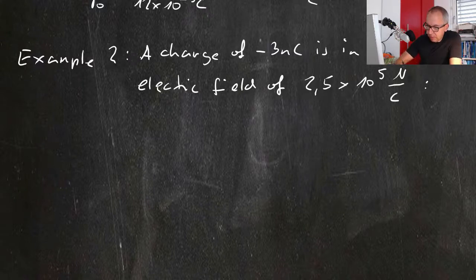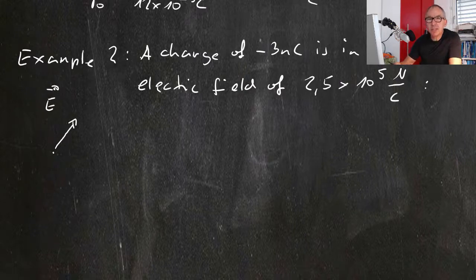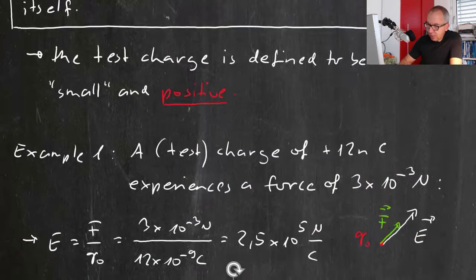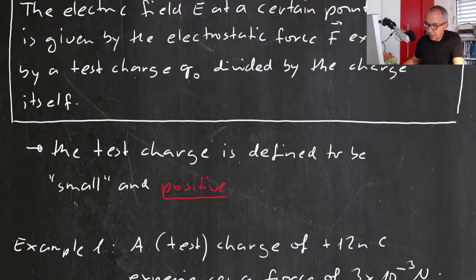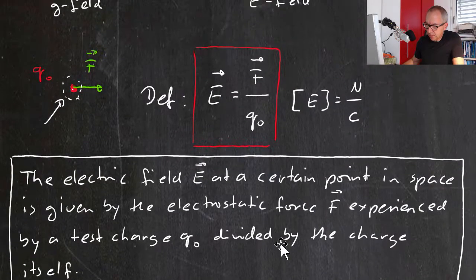So for example, if we are investigating on this point, then the electric field might look to that direction, E. So I just took the same as above. And then we can just take this definition of the electric field that we had up here.